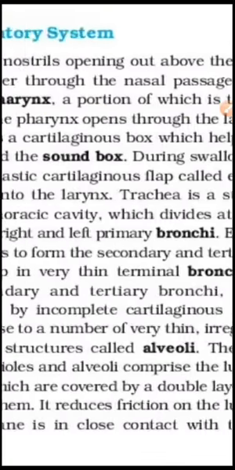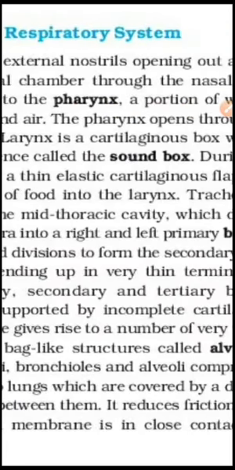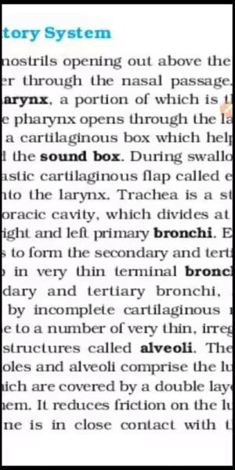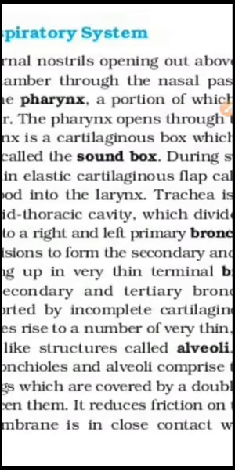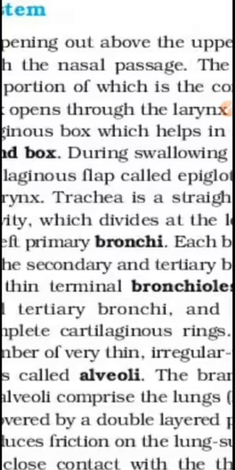Trachea is a straight tube extending up to the mid-thoracic cavity, middle of the thoracic cavity, which divides into left and right bronchus, singular bronchus, branches of a trachea going to both the right and left lungs.